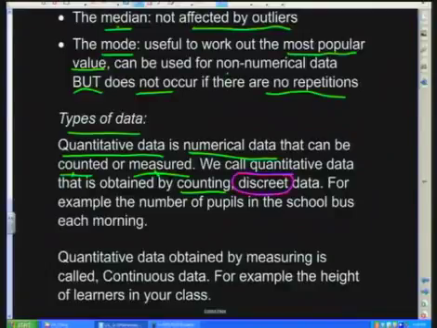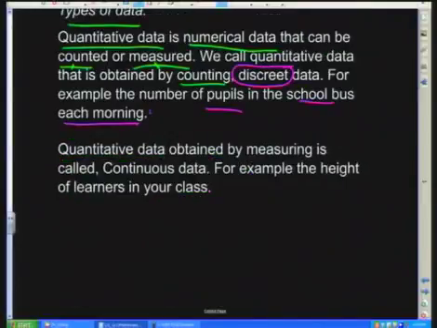And for example, if we look at the number of pupils in the school bus in the morning, so anything that has a discrete value, so an individual number, you'll call that discrete data, and it falls under the subheading of quantitative data. All right, another way we define quantitative data is by measuring.